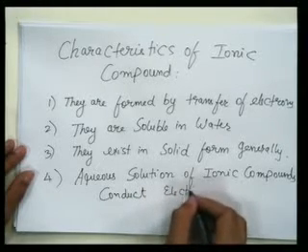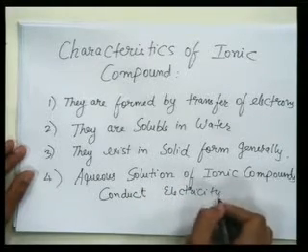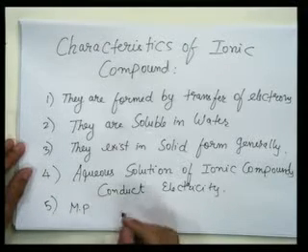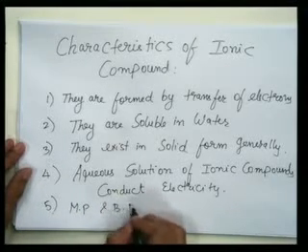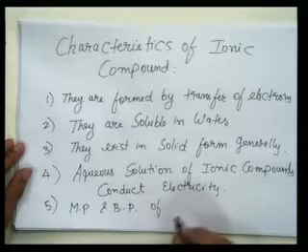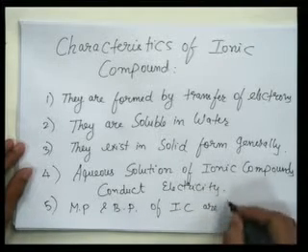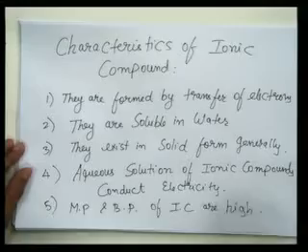And the last thing that one has to remember is melting point and boiling point of these ionic compounds are high. So these are the characteristics that one has to remember while defining the ionic compound.